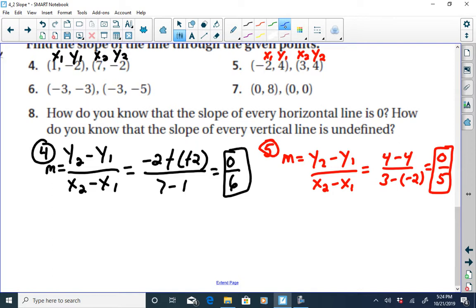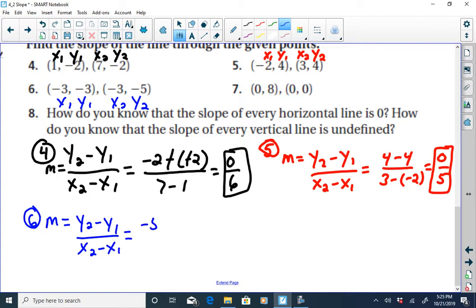All right, let's try problem 6. Here's x1, y1. Here's x2, y2. We substitute. Problem 6, write our formula. m equals y2 minus y1 over x2 minus x1. We substitute our values.